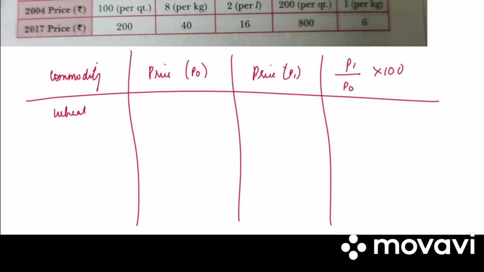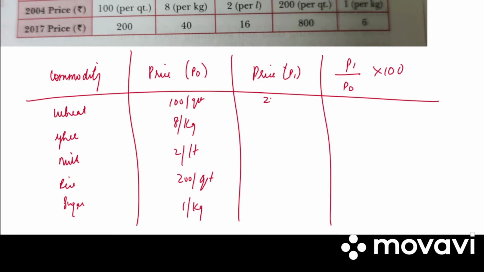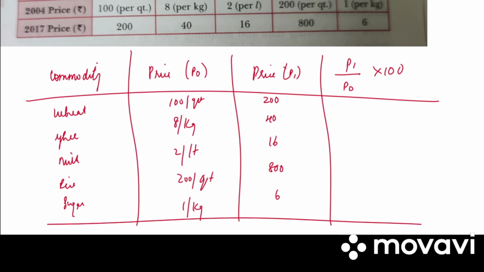So wheat, ghee, milk, rice, sugar, price 100 per quantity, 8 per kg, 2 per liter, 200 per quantity, 1 per kg. Price is 200, 40, 16, 800, 6.